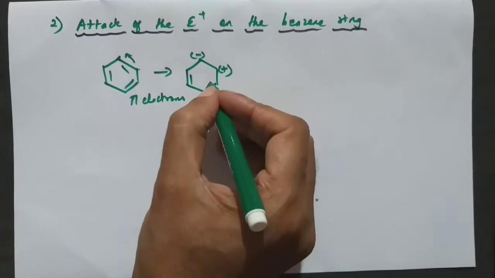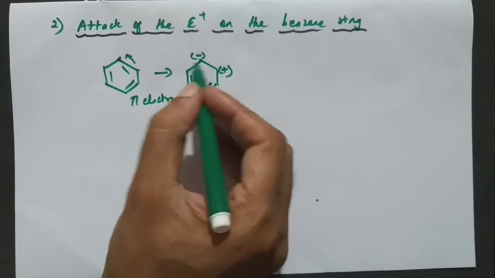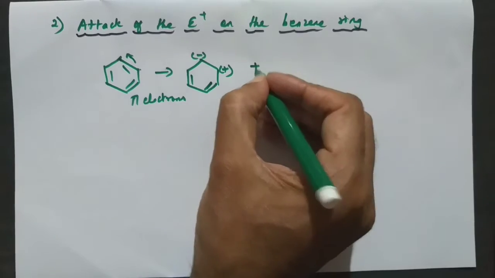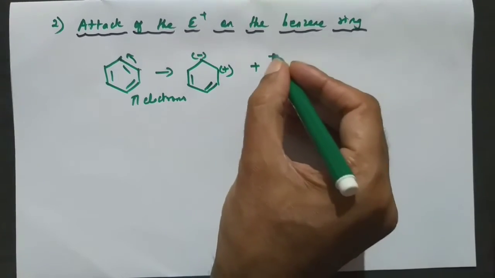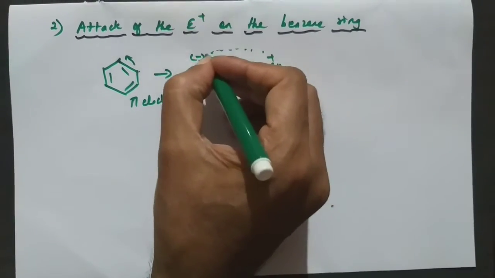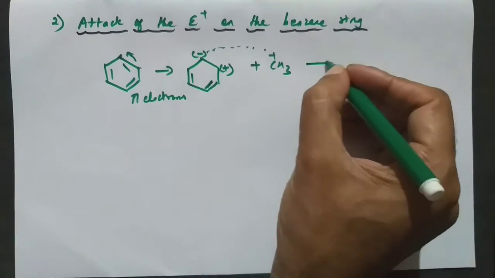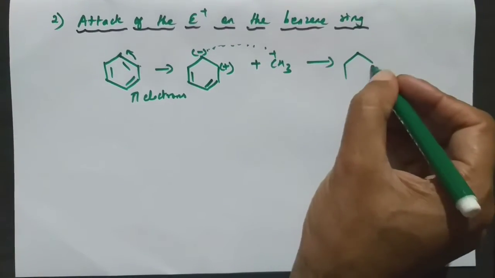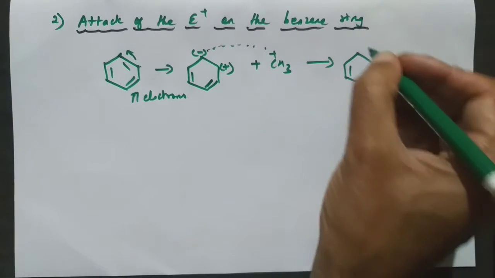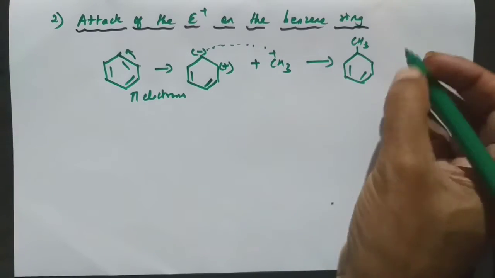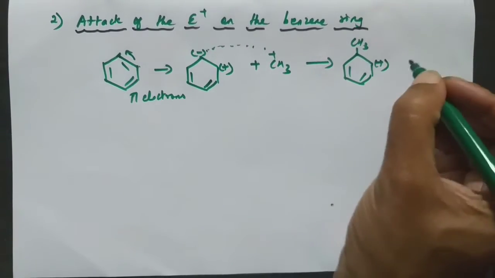The double bond will not be there, because the electrons in this double bond have started moving. Now I can add the electrophile, which is CH3 plus. It will come and attack this minus. So what you get here is the CH3, and we will have the positive charge here.